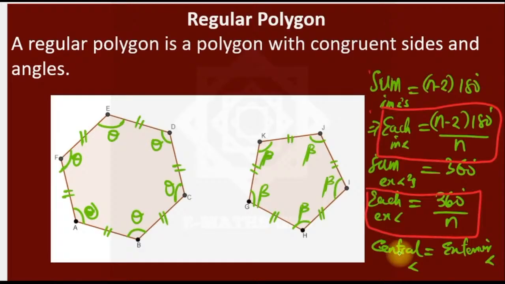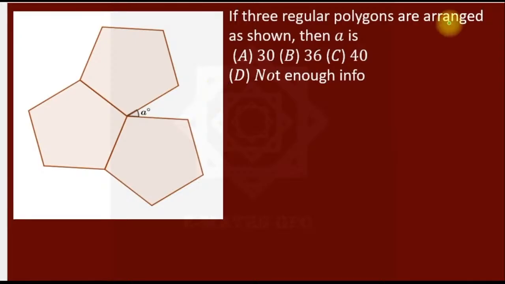So for any regular polygon, the central angle, that's the angle formed at the center, will be the same as the exterior angle. So that's the three formulas. Each interior angle is n minus 2 times 180 over n, each exterior angle is 360 over n, and finally, the central angle equals the exterior angle. So let's look at this question. They said, if 3 regular polygons are arranged as shown, then A is dash.